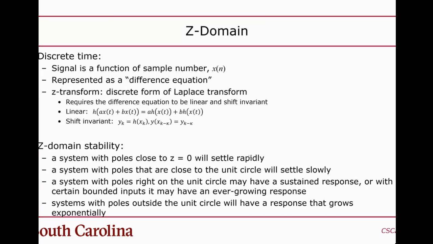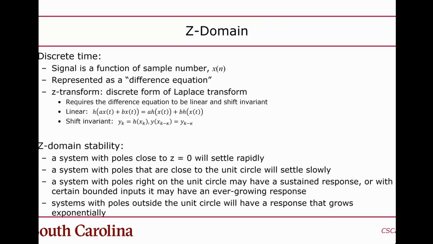And so in a discrete system, you have a signal that's represented not as a function of time, but as a function of the sample number. So instead of t, you'll often see n. So you'll have x of n, for instance.